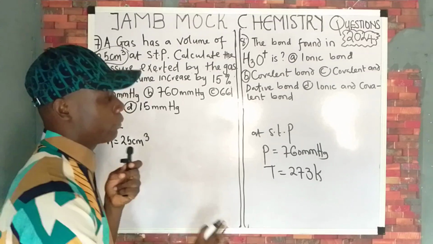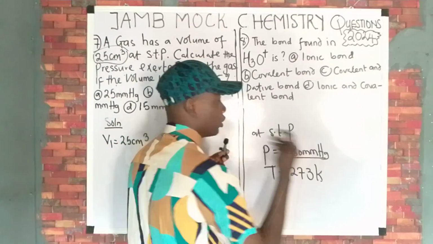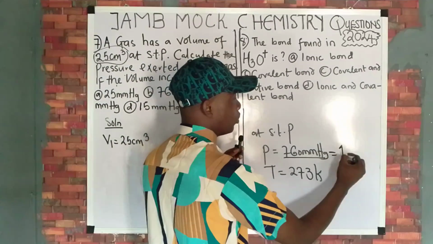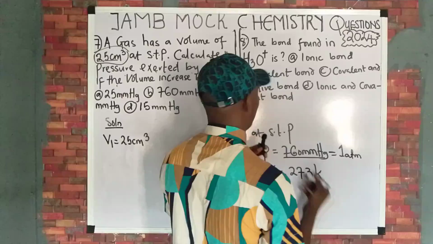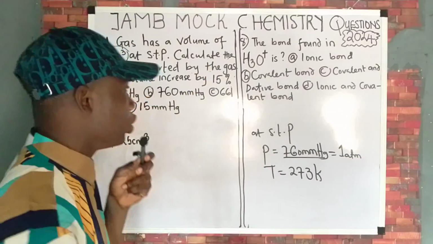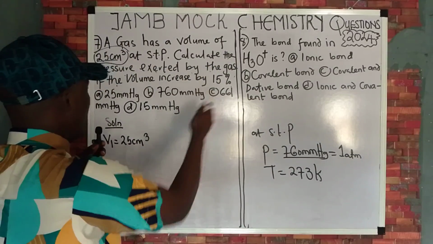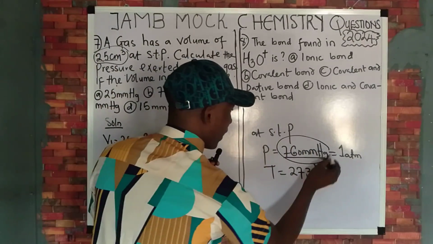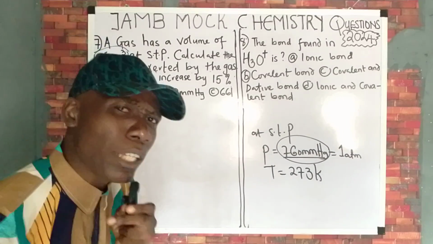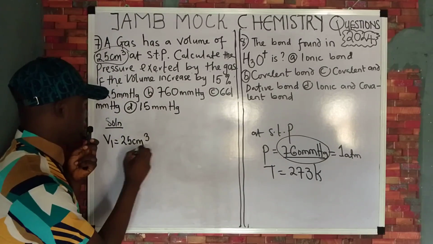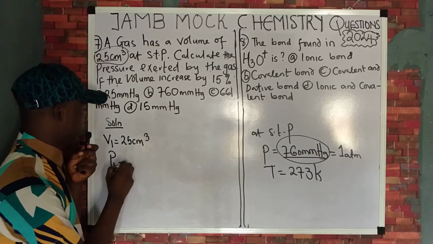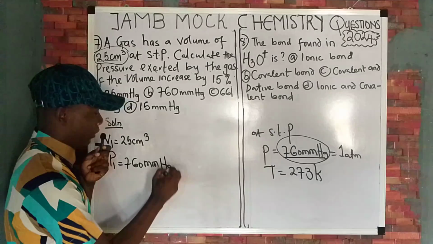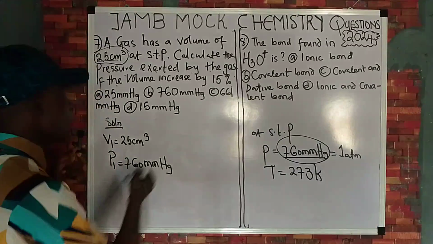If you look at the options on the board, you will find that the options are given in millimeter of mercury, so we are going to work with this value. So it is right for us to say that our P1, the first pressure, is 760 millimeter of mercury.